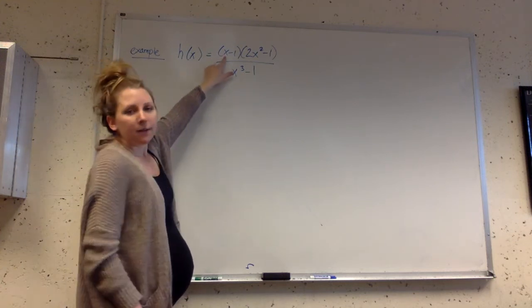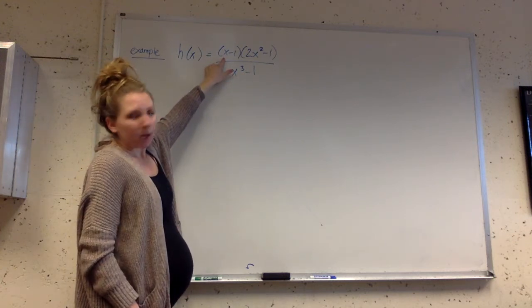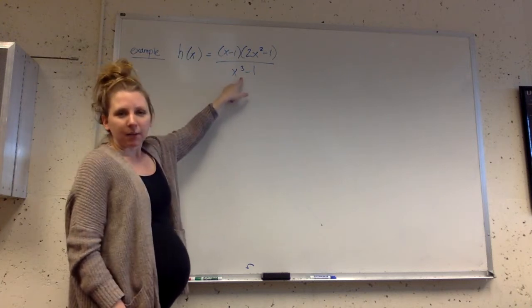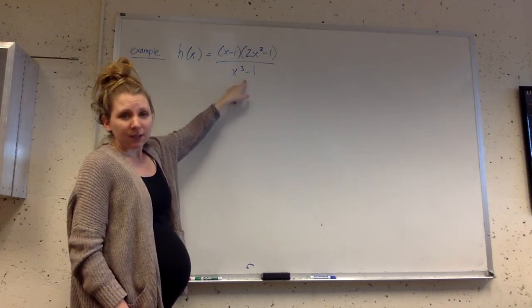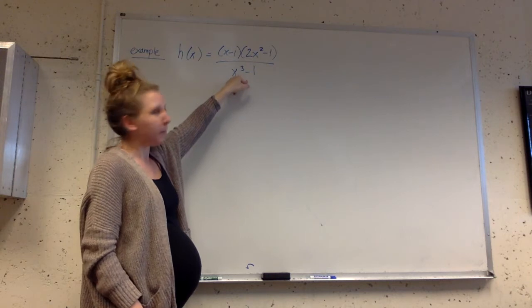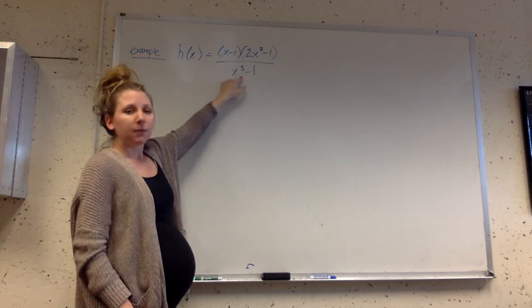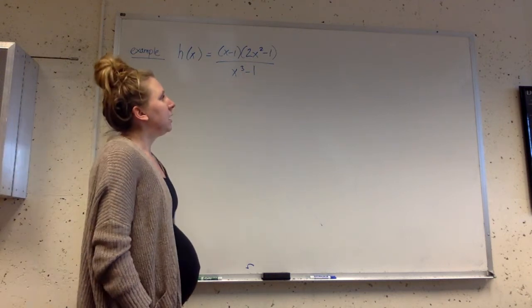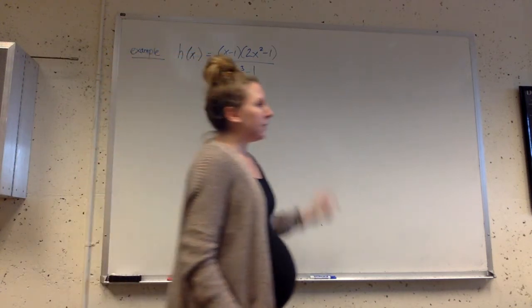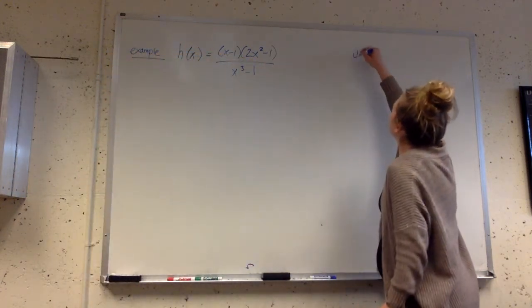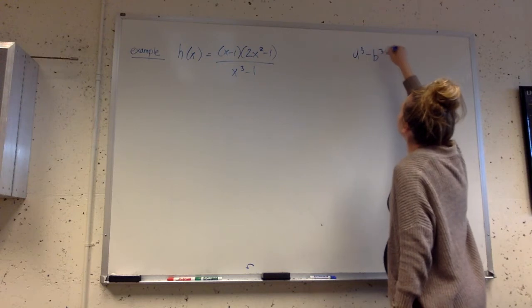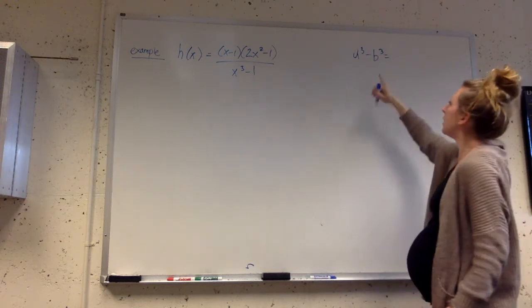So if you notice, we have an x minus 1 term in the numerator, and then in the denominator we have a difference of cubes. So this is probably going back a little ways, but there's actually a formula for factoring a difference of cubes. So let me put the general formula over here. Here's a cubed minus b cubed.